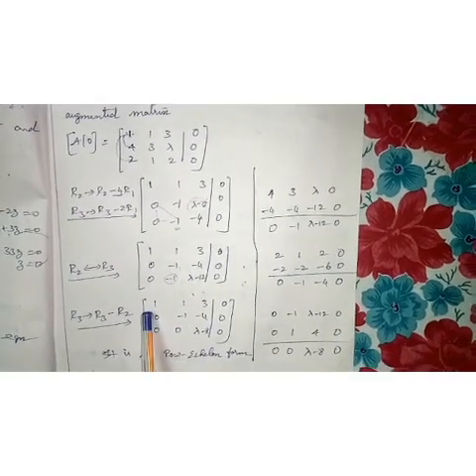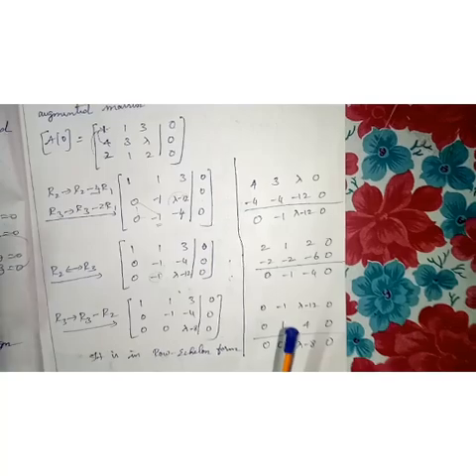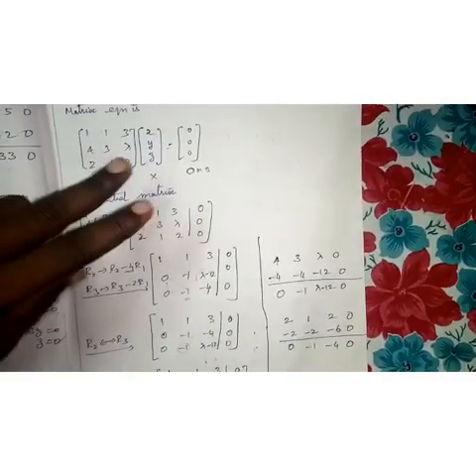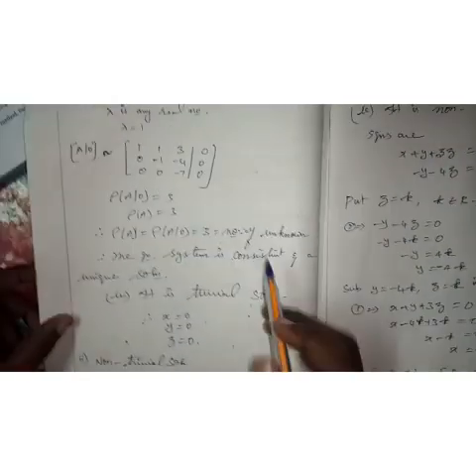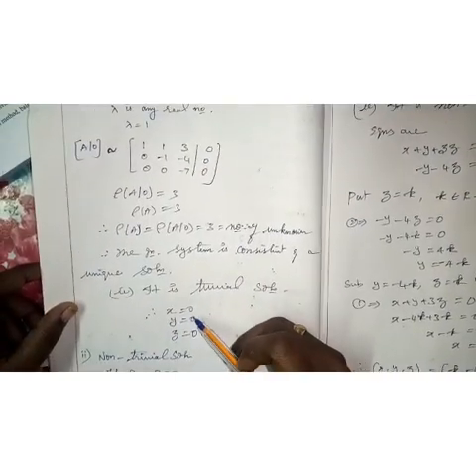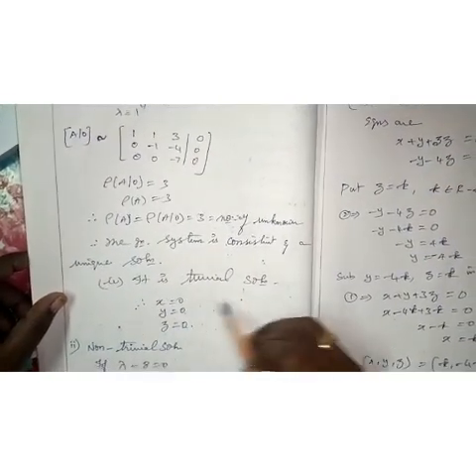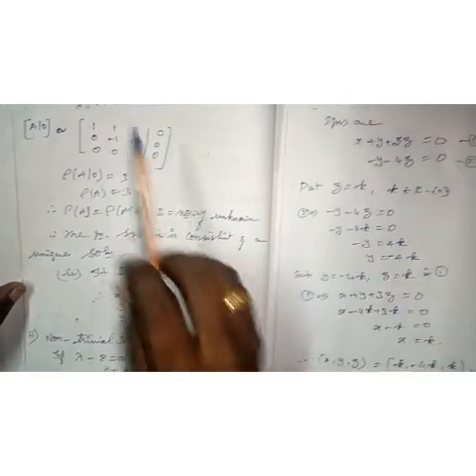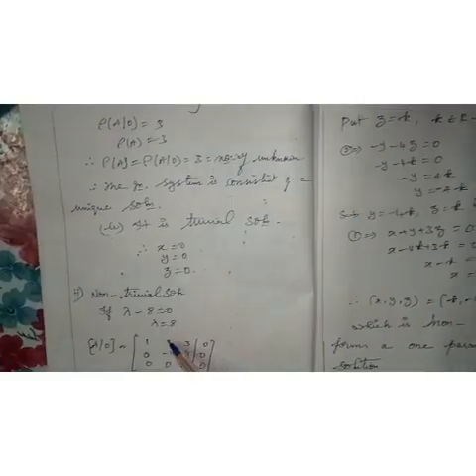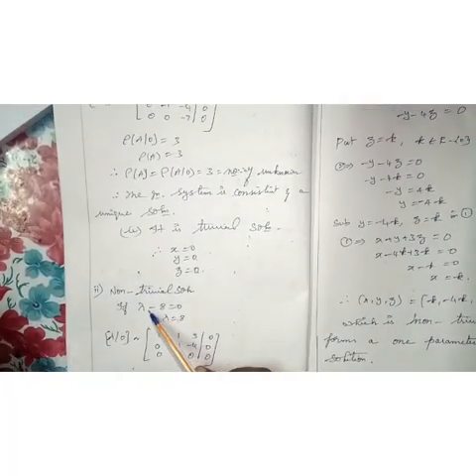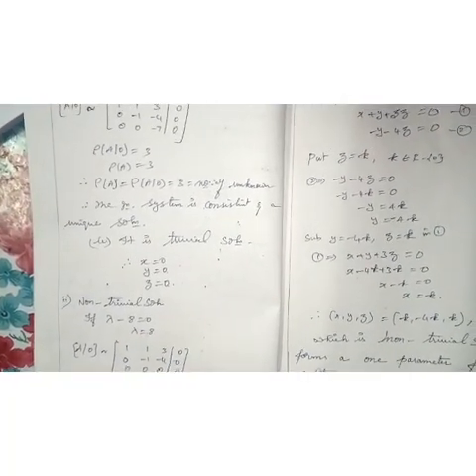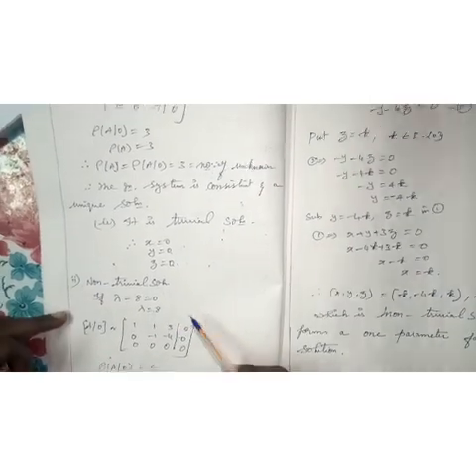After creating the triangle shape, we apply two cases, because if it is homogeneous we get only two cases: trivial or non-trivial. Trivial means we write exactly x equal to 0, y equal to 0, z equal to 0. No need to show any equations. Non-trivial means lambda equal to the opposite value of this one, so it will come 2 2 or 1 1 depending upon the question.